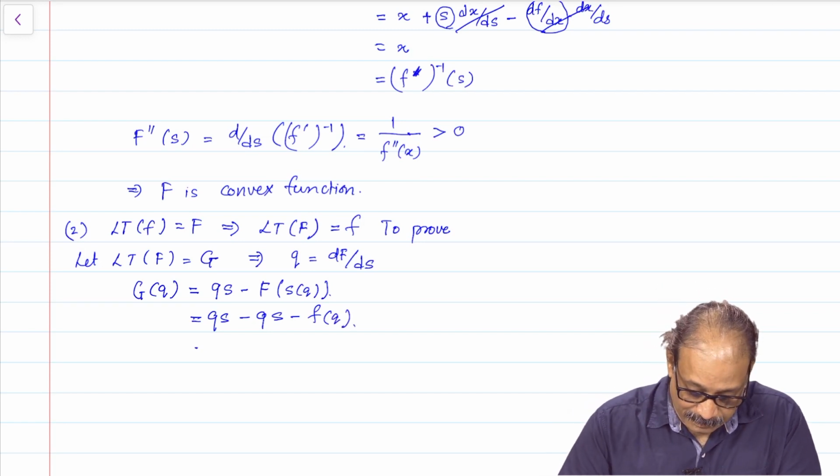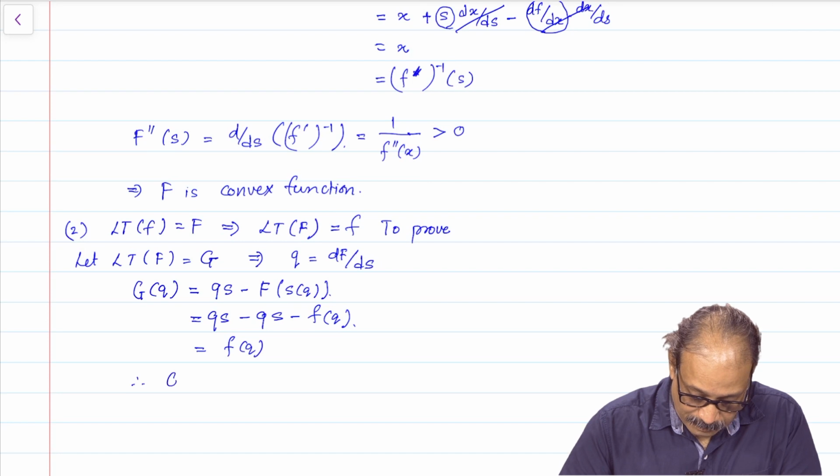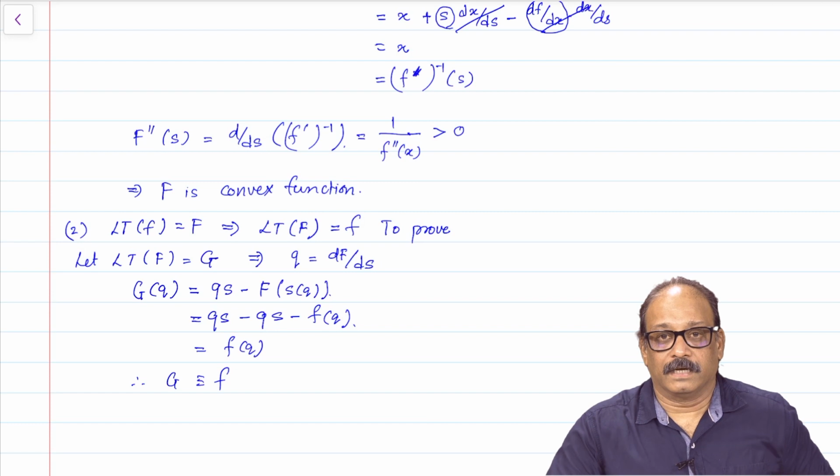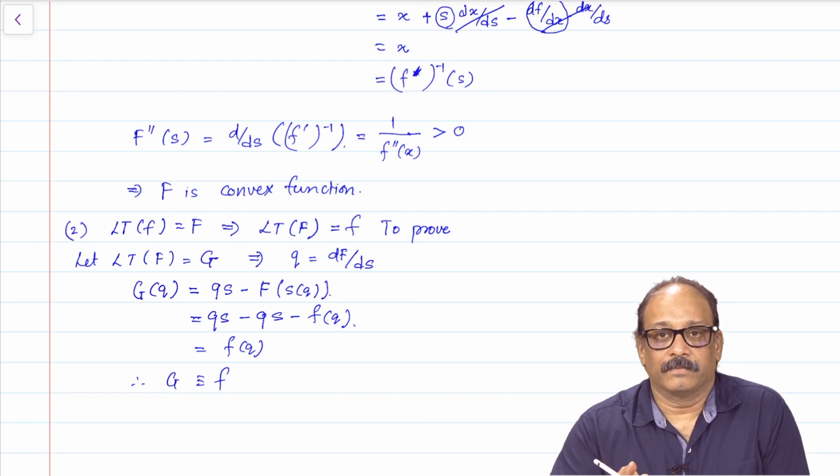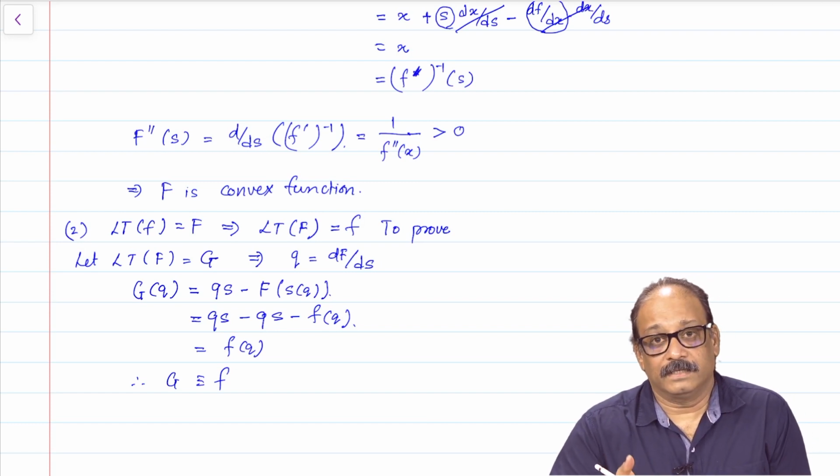And then this immediately gives us that this is equal to f of q. So, thus G must be equal to f, and hence the inverse Legendre transform of capital F is small f again.